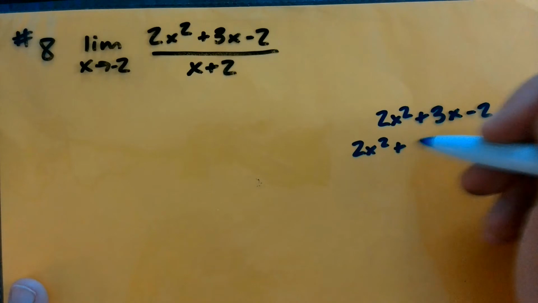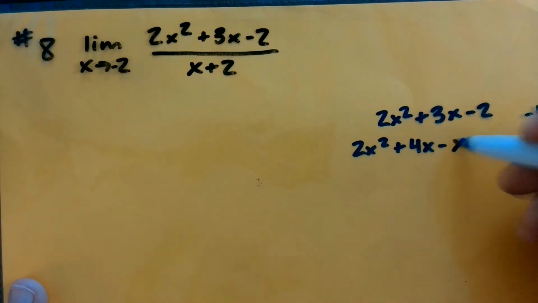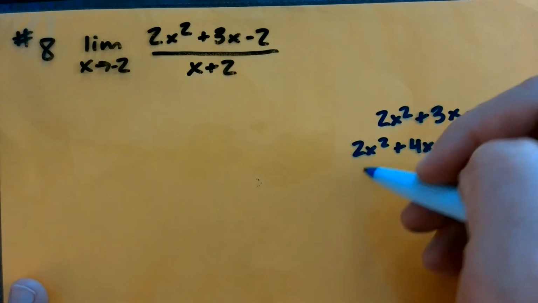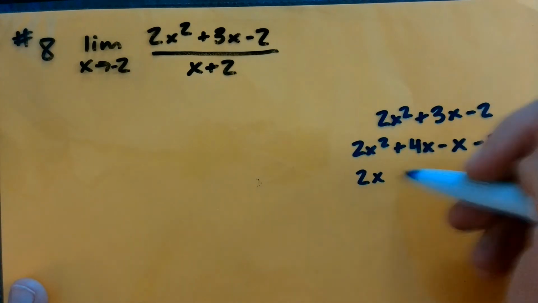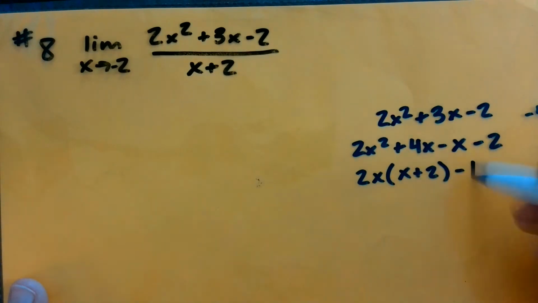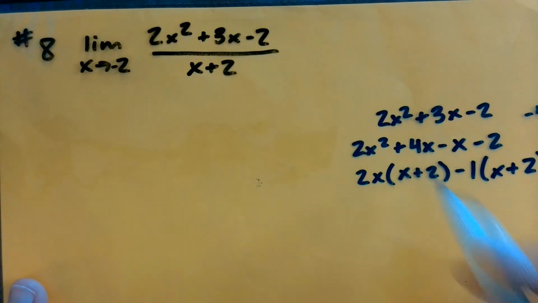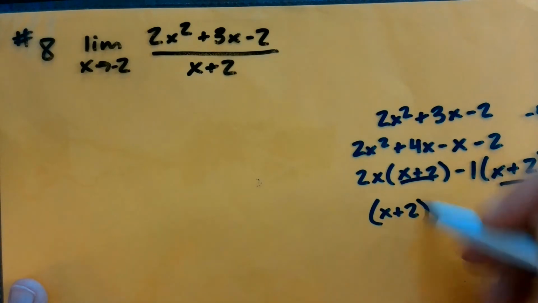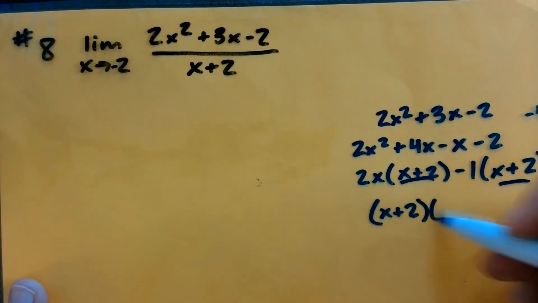So it looks like a +4 and the -1 will do the trick. So splitting up that 3x into a 4x and a -x, and then factoring by grouping, so taking out a 2x in the first part, and then a -1 out of the second two terms. Remember that that repeated part is one of the factors, and then what we factored out makes up the second factor.